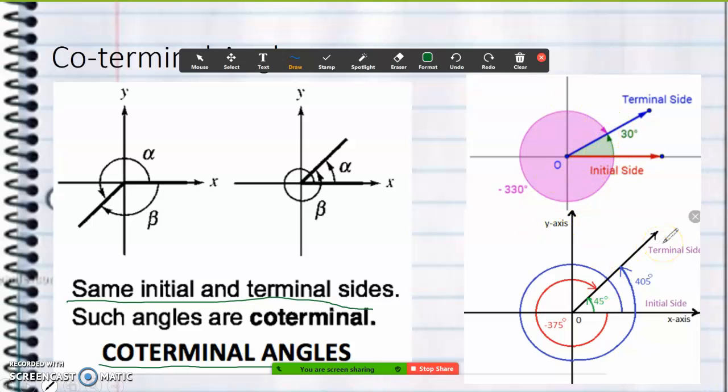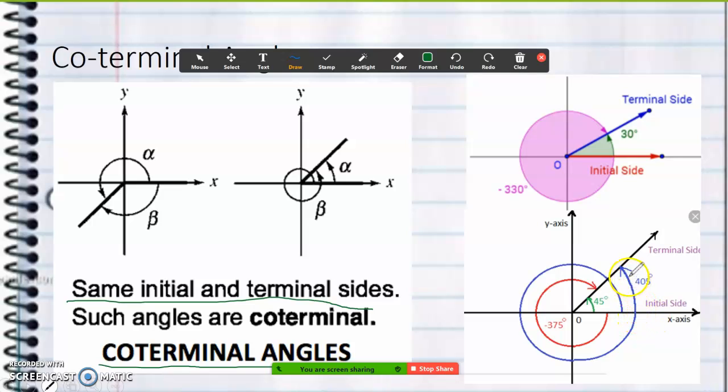Okay? Or you can go multiple times around. This angle in green is 45 degrees. For the initial side, you start here on 0 degrees, and then you go 45 degrees. Or you can go 405 degrees. If I go one rotation around, that's 360 degrees, which would end me up right here.